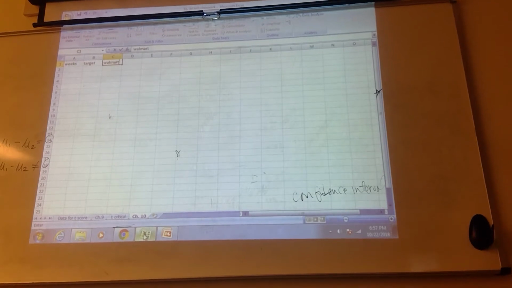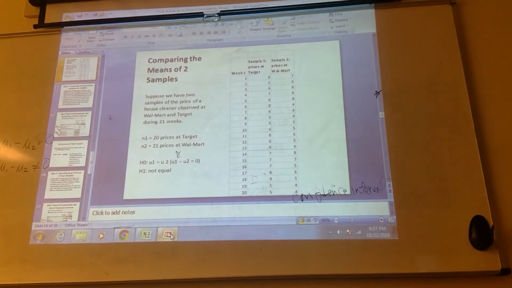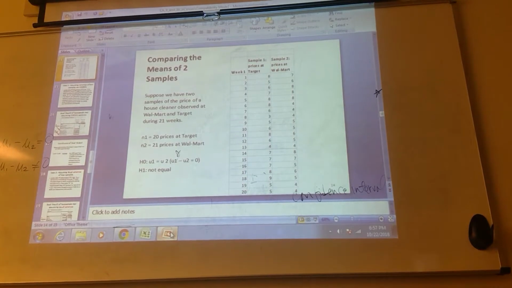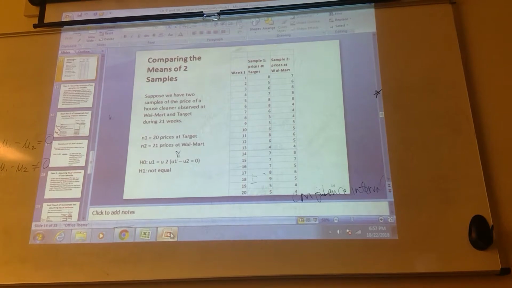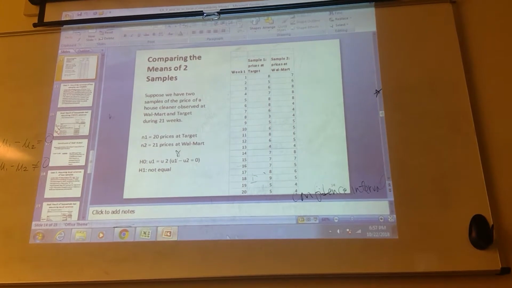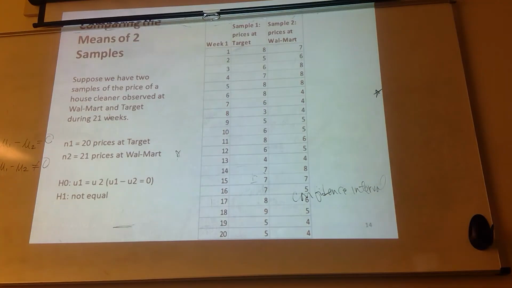You're going to want to put all of these prices in, for weeks 1 through 20, and the prices of a house cleaner observed for 21 weeks. Your Excel file is chapter 9 and 10, so it's in the chapter 10 slide. Yeah, this is chapter 10, page 14.